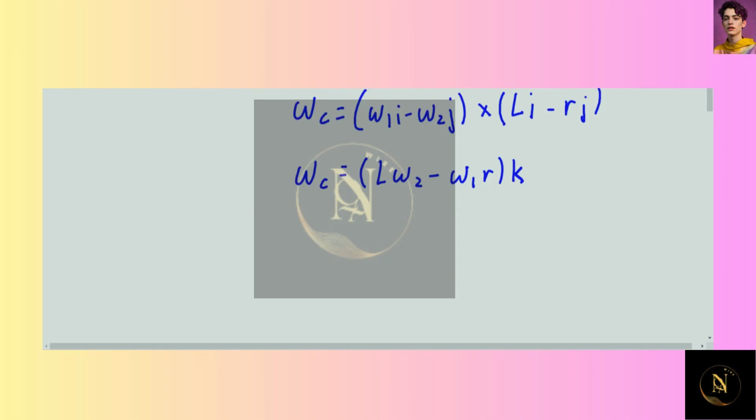So we can set this equal to 0 and solve this equation for omega 2, which gives us omega 1 times R divided by L.